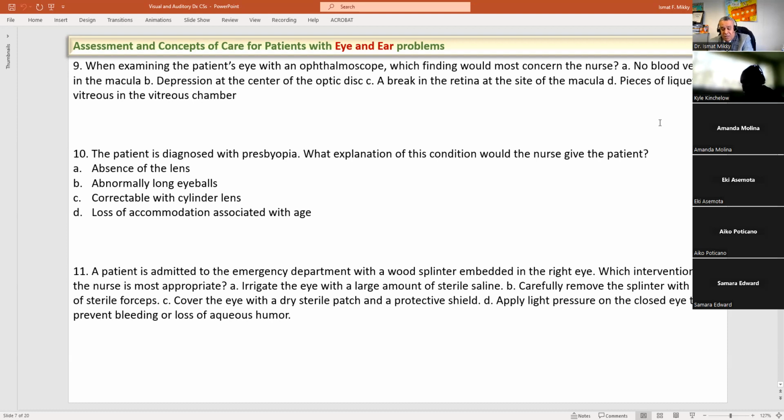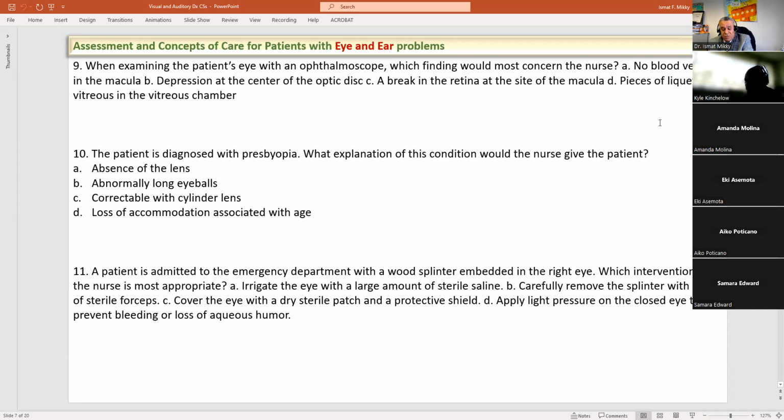Number 11 is a patient at the emergency department with a wood splinter embedded in the right eye. The most appropriate intervention by the nurse is to irrigate, remove the splinter, or cover the eye.